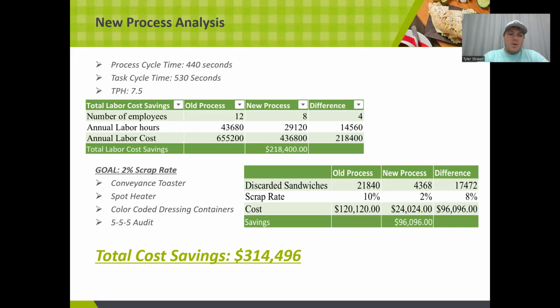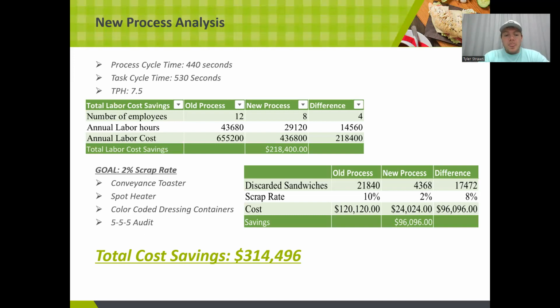So just by not even touching the scrap rate, just by optimizing our process for the number of employees we have saved $218,400, which is tremendous.